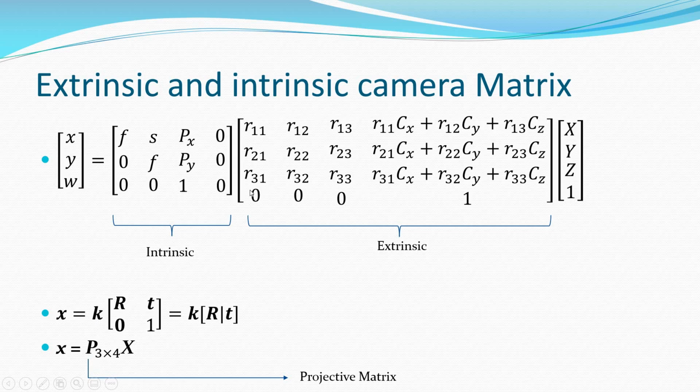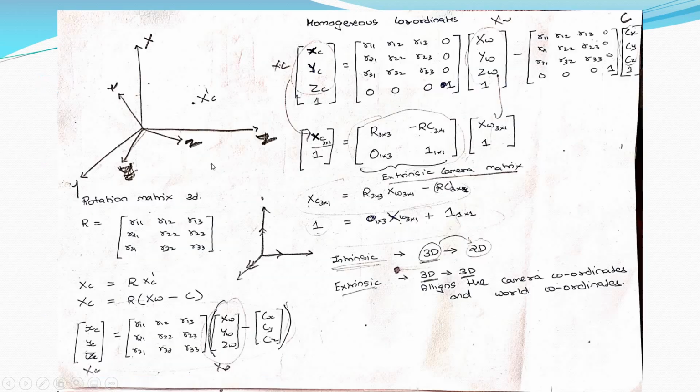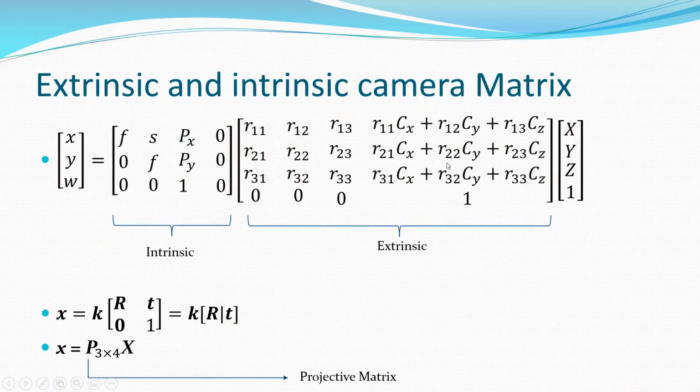So these are the rotation parameters that we saw. This is the 3D rotation matrix by which we are trying to align our camera axis to the 3D world axis. And this matrix that you see over here is nothing but translation. You can nicely visualize it with the 2D case.